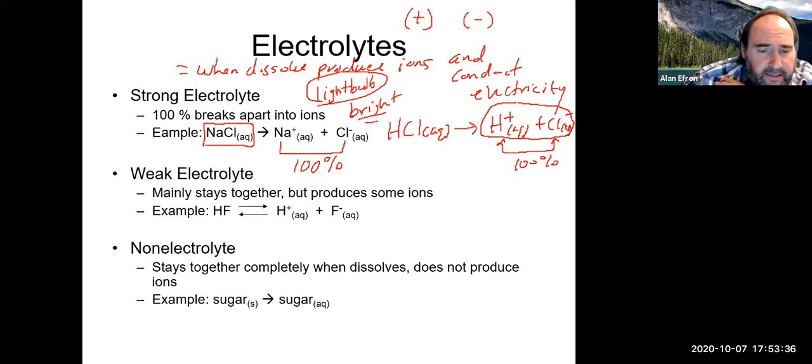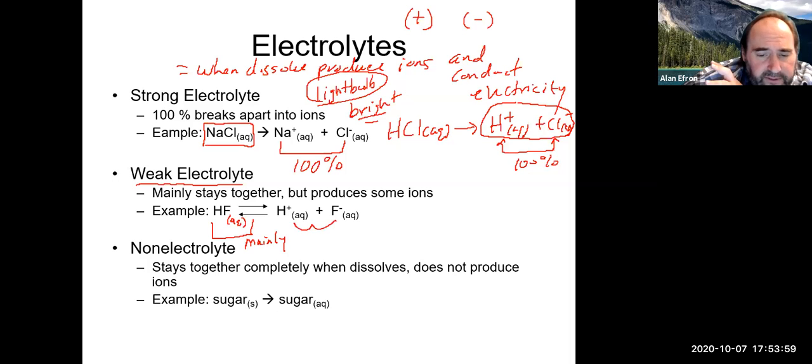Now, on the other hand, if we have a weak electrolyte, it will mainly stay together. So in solution, for example, if you take something like hydrochloric acid here, which is a weak acid, in solution, you mainly have this guy still here, the HF unit still together.